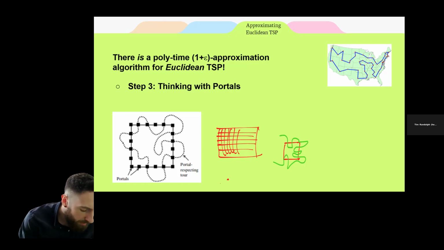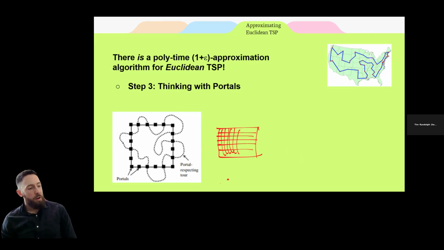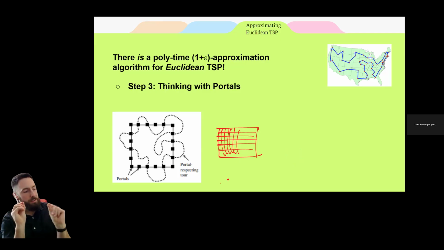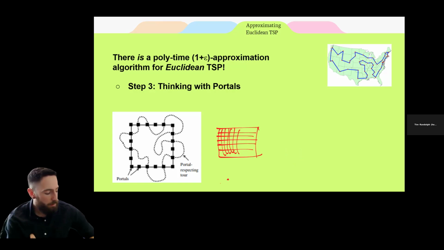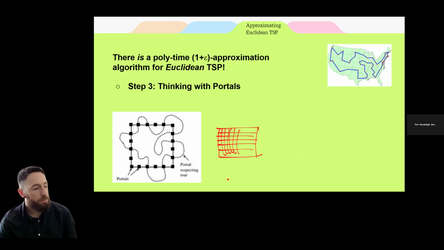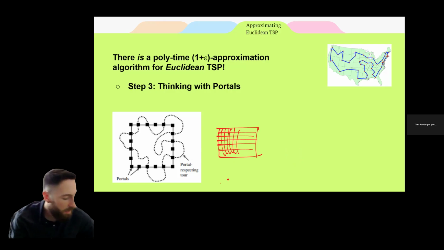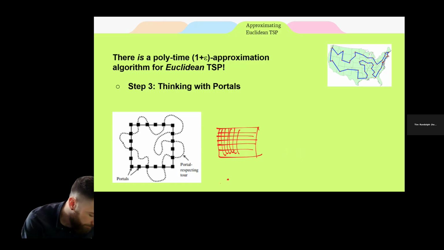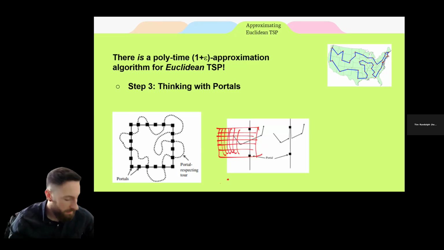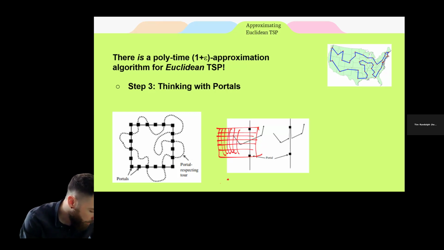So the next simplification we're going to make is, for every box, to define a lot of special points, special entry and exit points on the edges of each box. We'll say these points are portals, and my TSP tour is only allowed to enter and leave the box through a portal. What this means effectively is that we are losing some fidelity again.